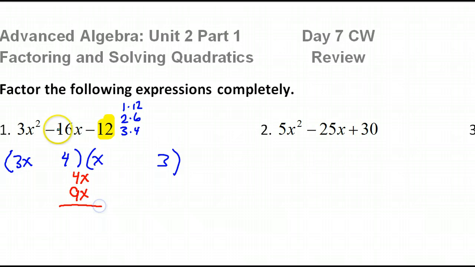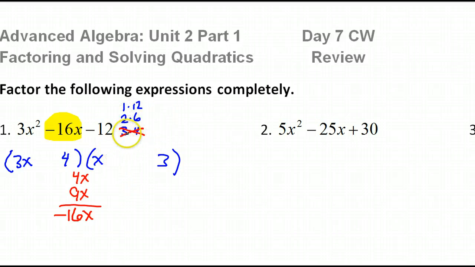The middle that I'm shooting for is negative 16. Alright, so I guess I should highlight this because now we're looking for this guy. This is the last thing we do. So we're shooting for negative 16x. Is there any way to get negative 16x if I pick the signs right? No. The most I can make is 13, not 16. Okay, so that means 3 times 4 is not working.